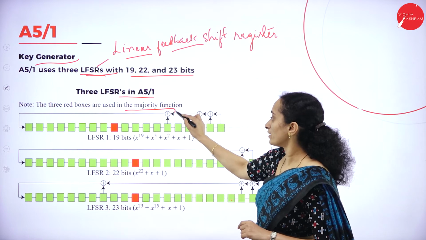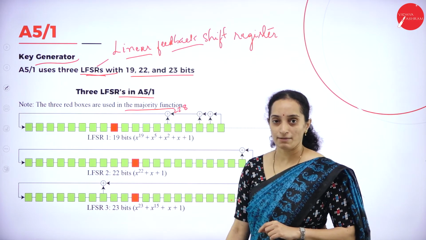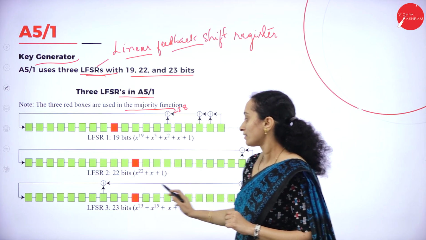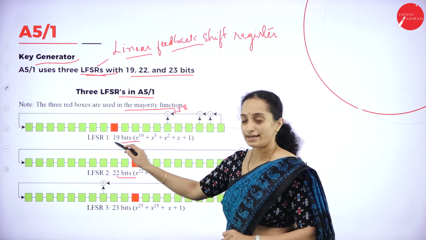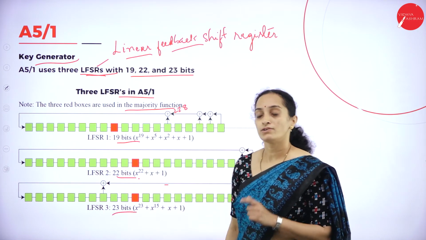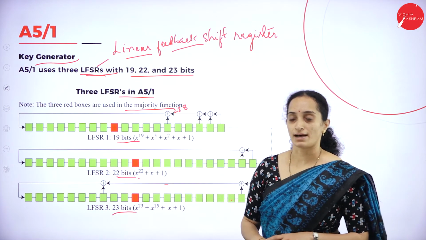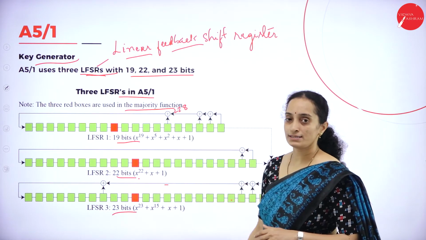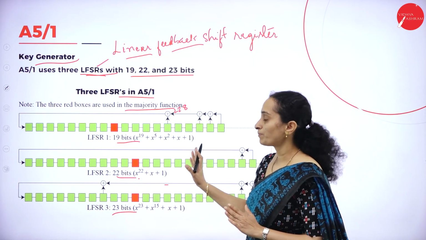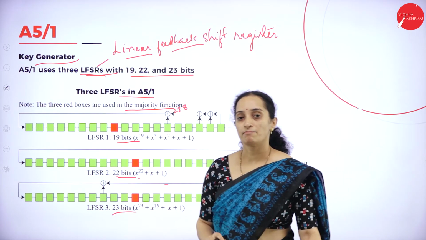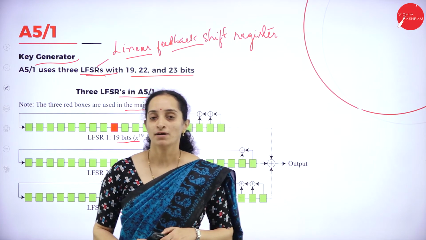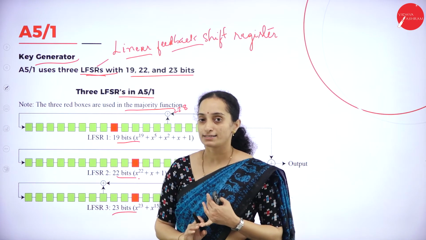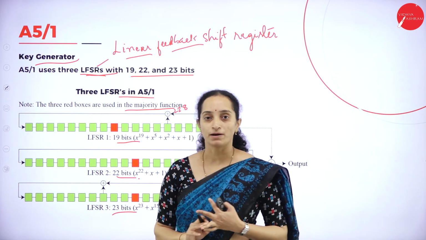So it generates a 228-bit frame of cipher text, carried out along with the 19 bits, 22 bits or 23 bits of LFSR. So they use these 3 LFSRs to perform the ciphering method in the stream cipher. So this is about the stream ciphers, that is RC4 and A5/1.